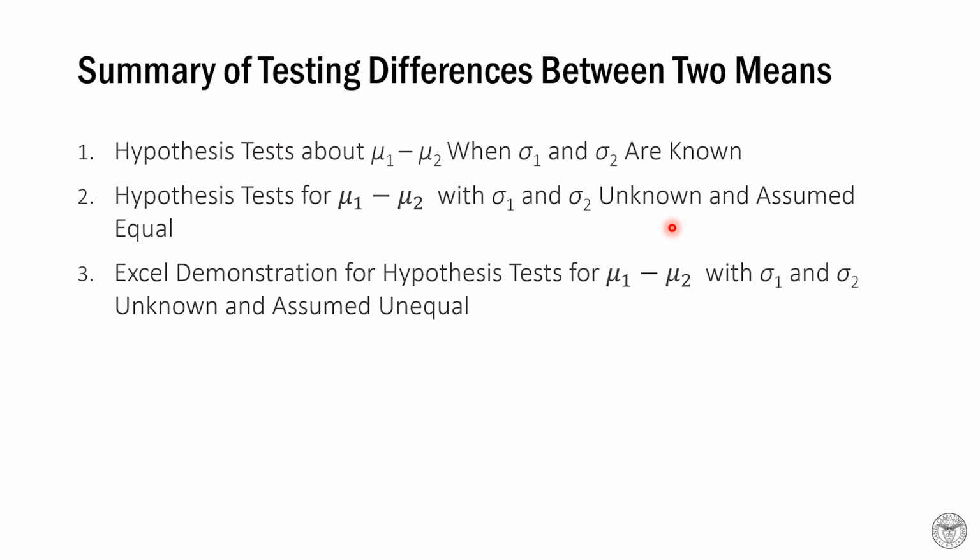In practice, the last hypothesis test is quite often used, because most of the time we don't know the standard deviation, and definitely we are not very sure whether the variances are equal or not. Anyhow, it is important to practice Excel to fully understand how to conduct the hypothesis testing.